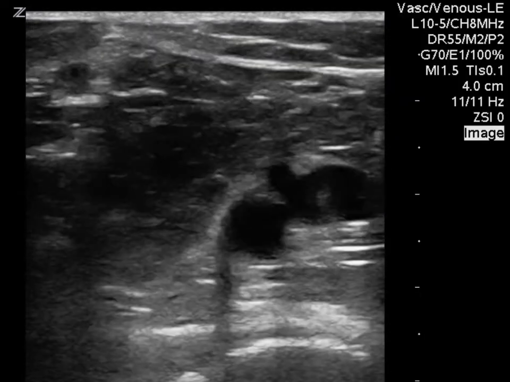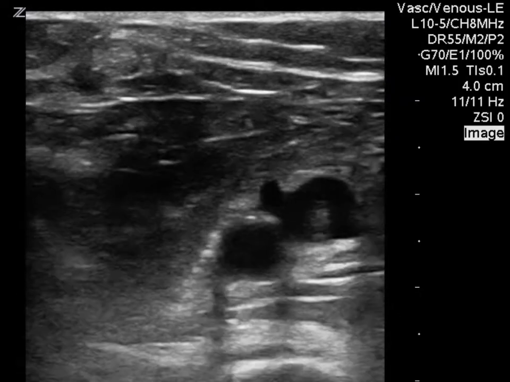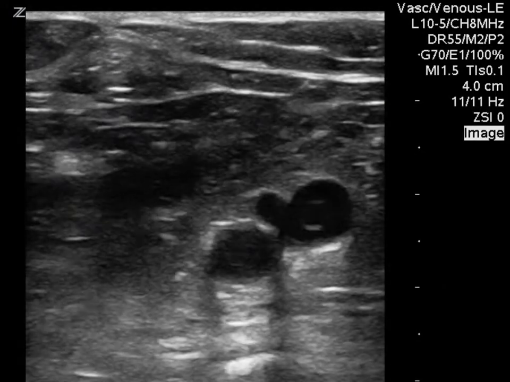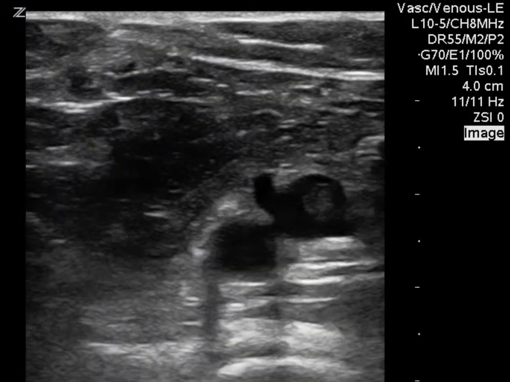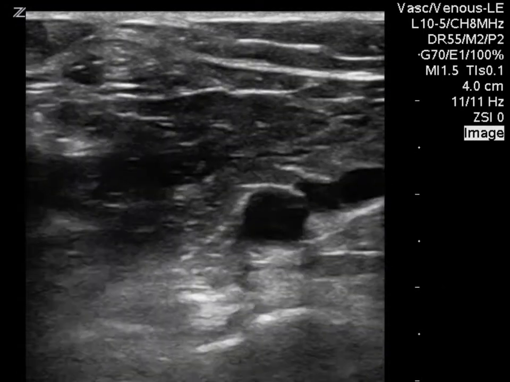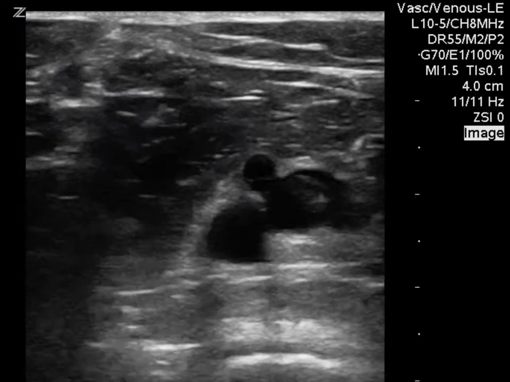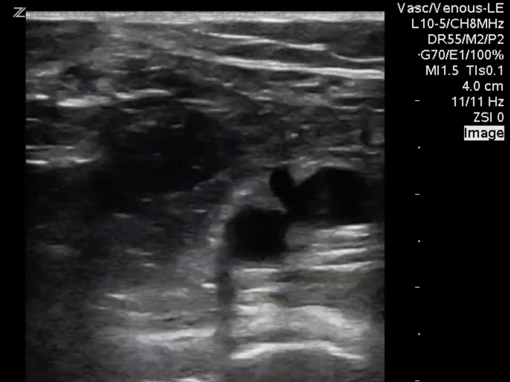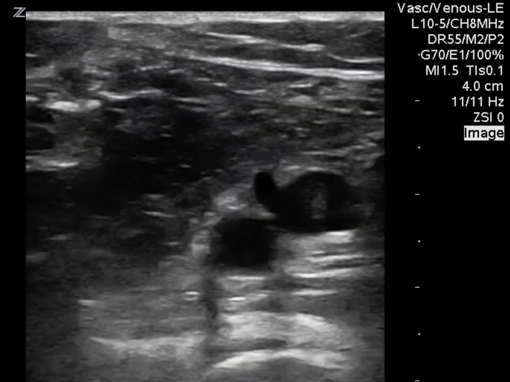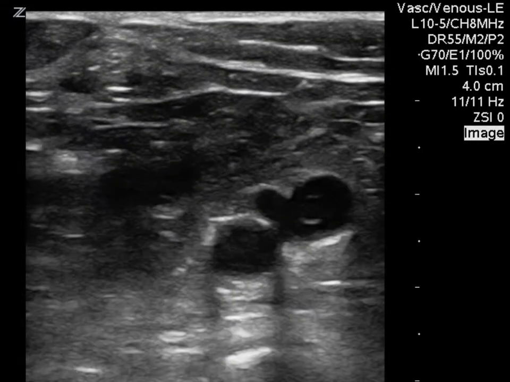Now, how about this one? So my first thought for you is, which leg do you think this is? And the reason it can be confusing is that the takeoff of the saphenous in this case isn't where we'd normally expect it. That being said, we always expect the artery to be lateral to the vein. So this would be a right leg.